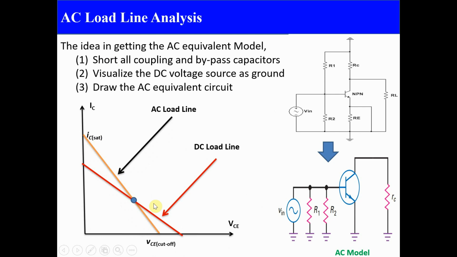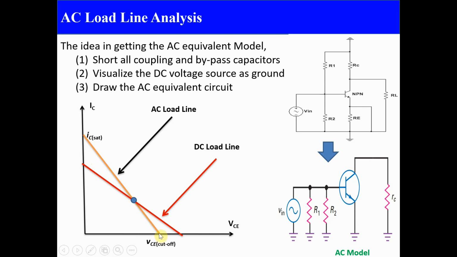Clear? And when we are plotting the AC load line, it must pass through the Q point available on the DC load line. Here the red line indicates the DC load line, and here is the Q point on the DC load line. So when we apply an AC input signal, the new load line would be the AC load line, and this AC load line must pass through this Q point. And as IC is increased, and as it has to pass through this Q point, its slope would be much steeper.